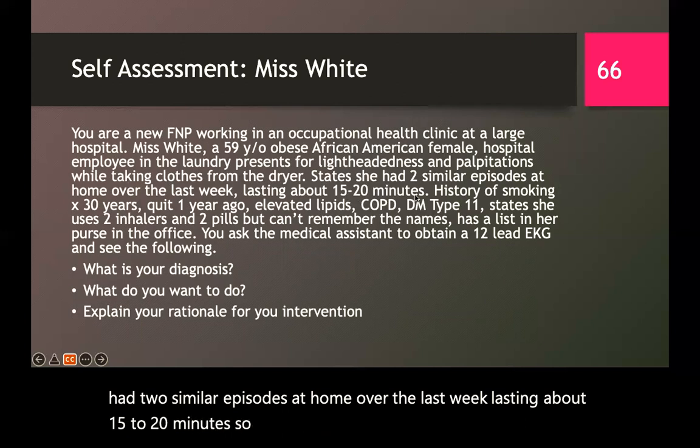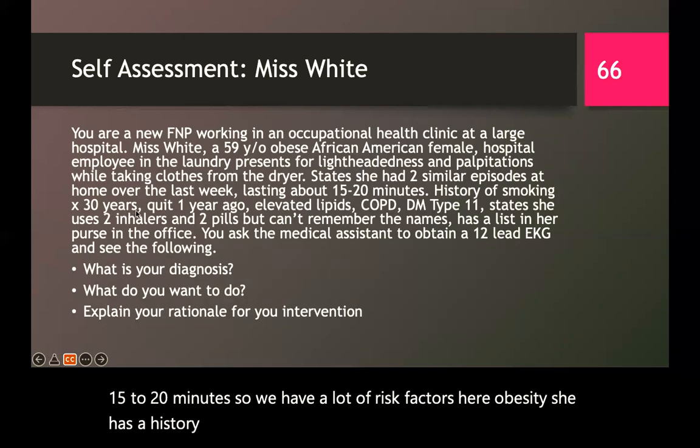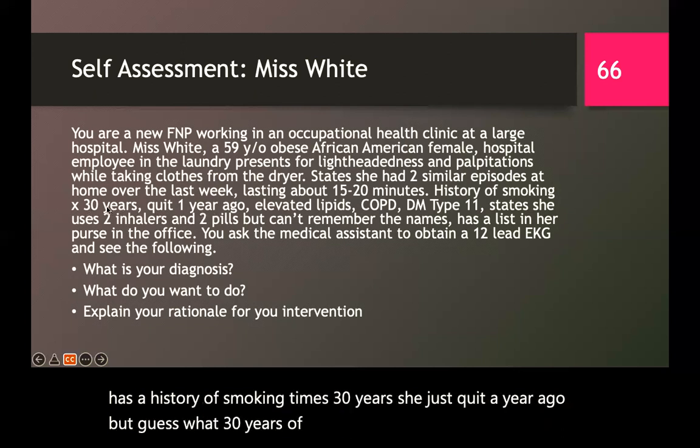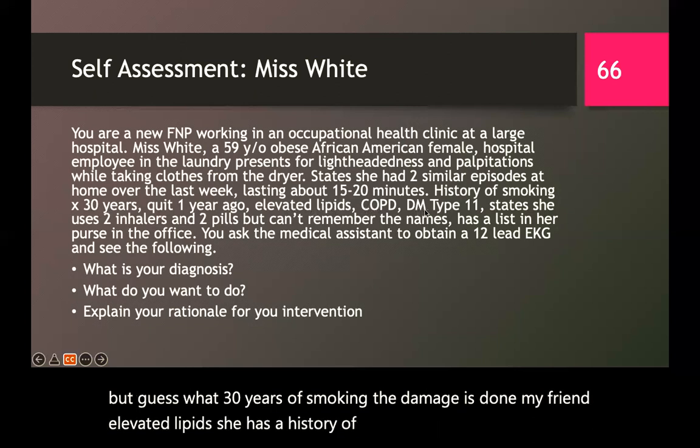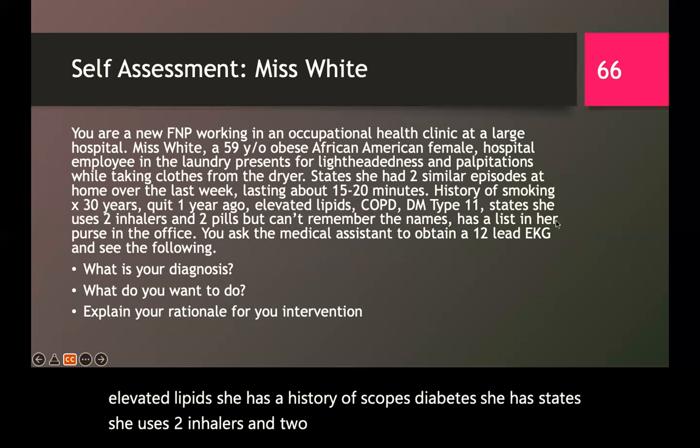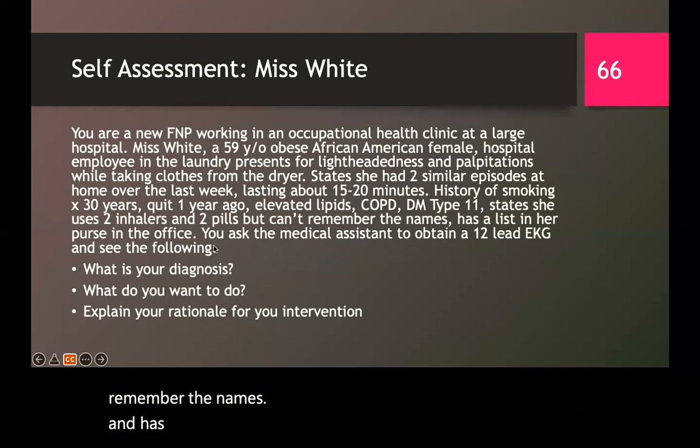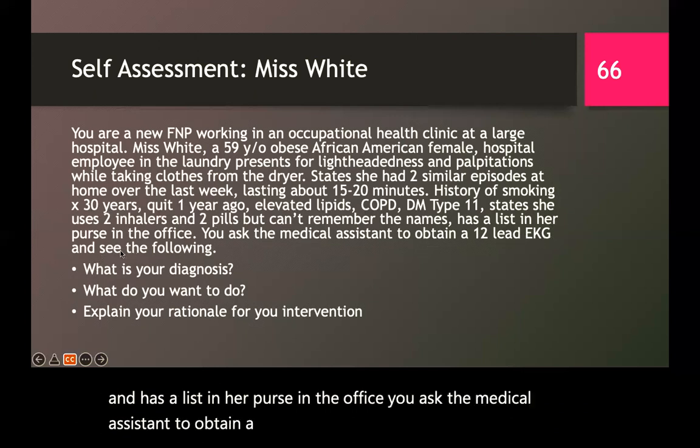So we have a lot of risk factors here. Obesity. She has a history of smoking for 30 years. She just quit a year ago, but guess what? After 30 years of smoking, the damage is done, my friend. Elevated lipids. She has a history of COPD and diabetes. She states she uses 2 inhalers and 2 pills, but can't remember the names, and has a list in her purse in the office. You ask the medical assistant to obtain a 12-lead EKG and see the following.